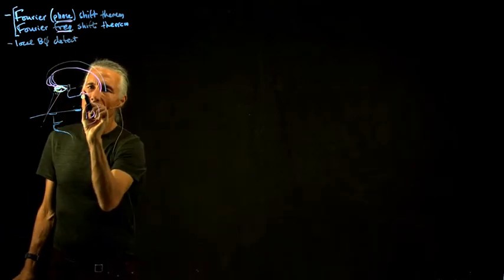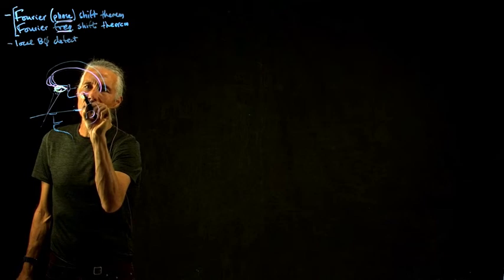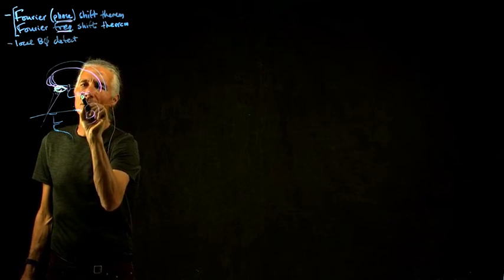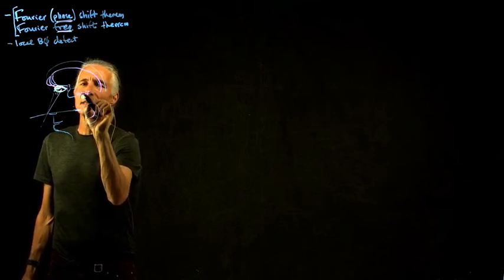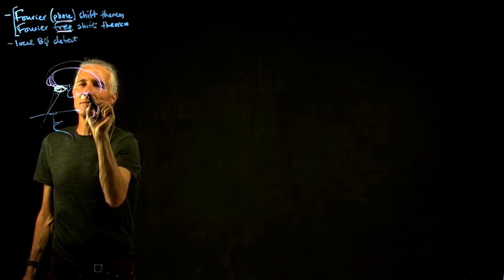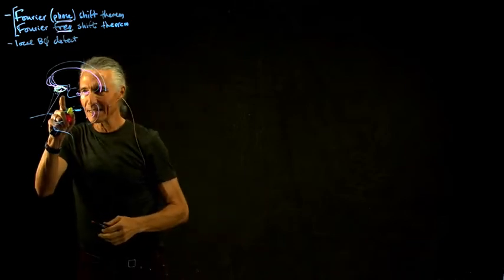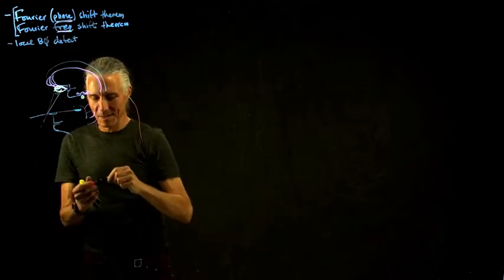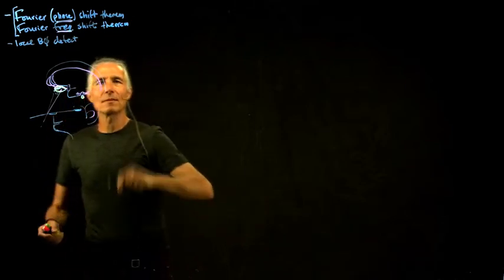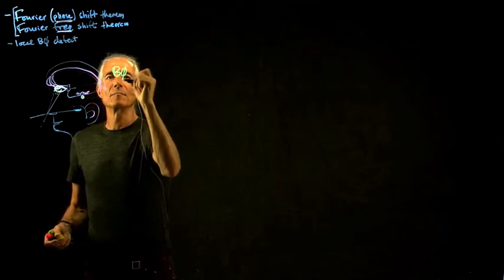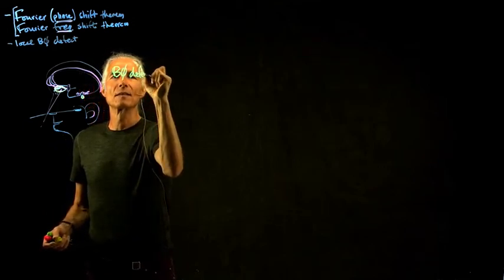And then this one, again, it'll depend on what direction you're doing the phasing code, but it will cause a little dent here by shifting some of the voxels. Next time I will draw it bigger. So these are B0 defects.